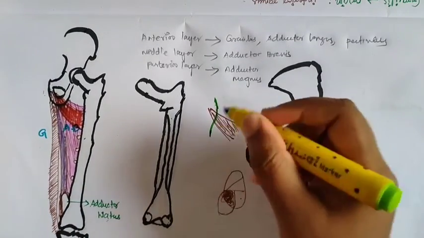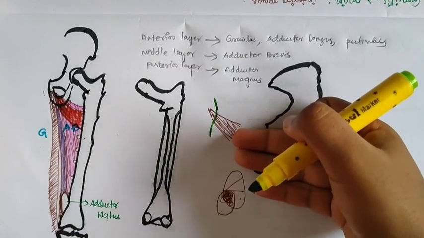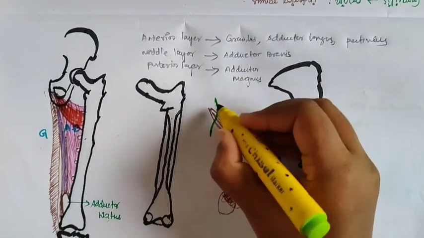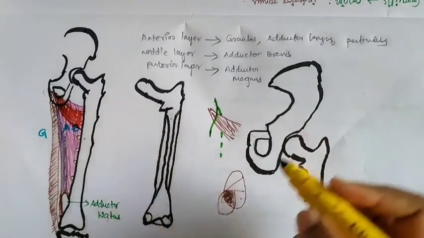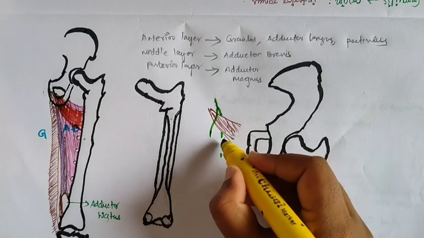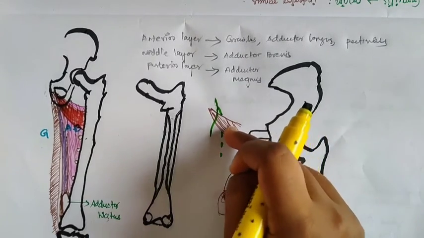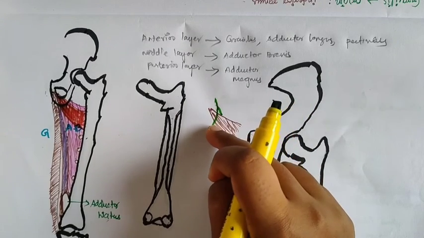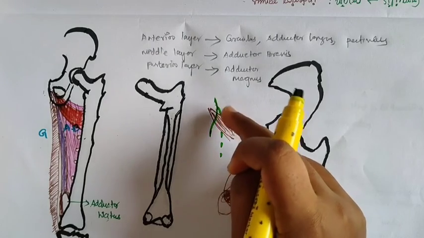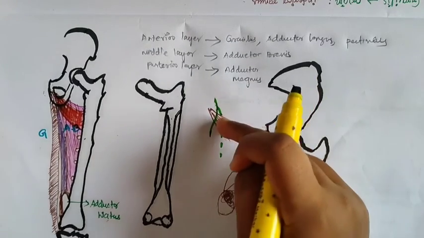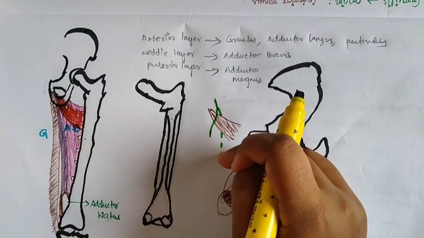This is the anterior division, and on the posterior side of adductor brevis we have the posterior division. You want to remember this. In front of the adductor brevis muscle we have the anterior division of the obturator nerve, and on the posterior side we have the posterior division of the obturator nerve.